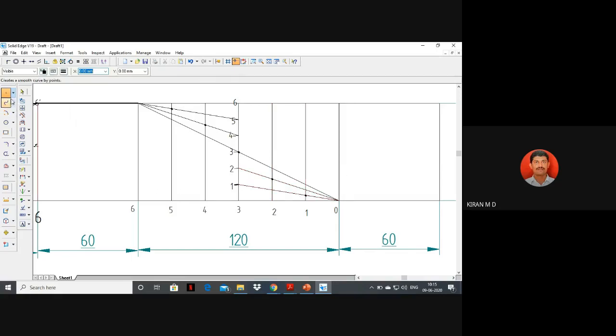Now use the curve. Before that, this is the point of 6 dash. This is 5 dash. This is 4 dash. This is 3 dash. Again, this is 2 dash. And this one is 1 dash. Now join the lines.